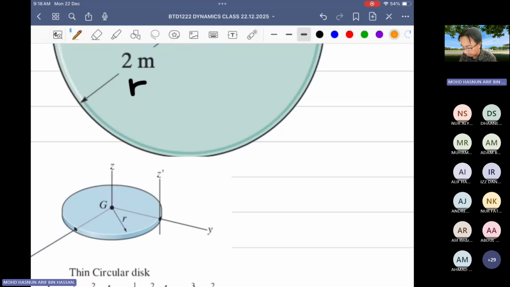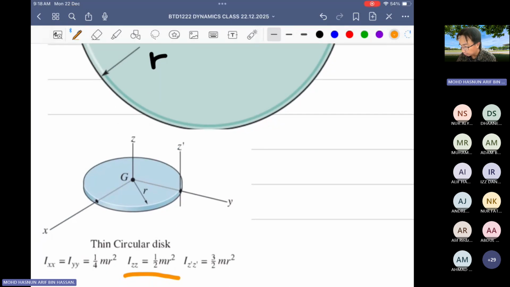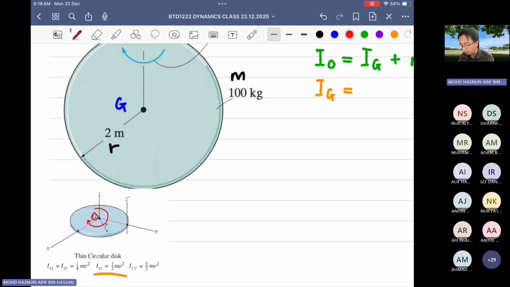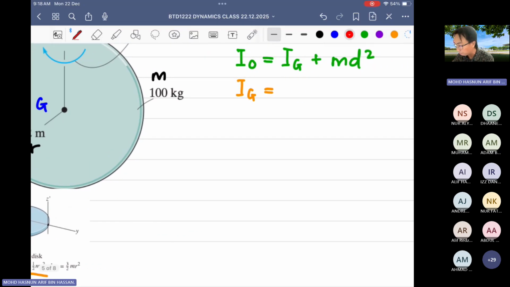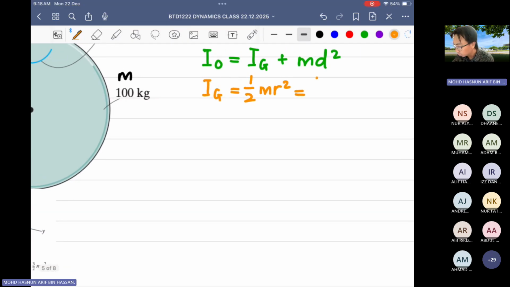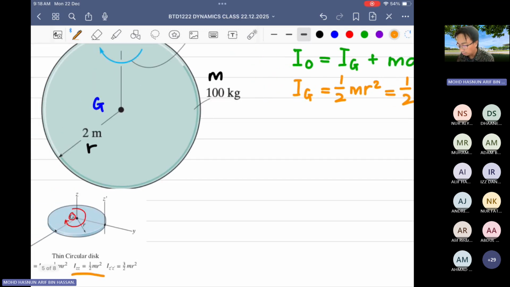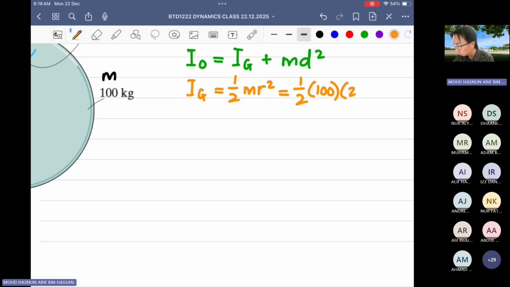You look at this rotation. Point G is here, and the disk is rotating about this axis. So it will be IZZ. For IG, it will be 1/2 mr square, which is 1/2 times 100 times R, which is 2 meter, so 2 square.